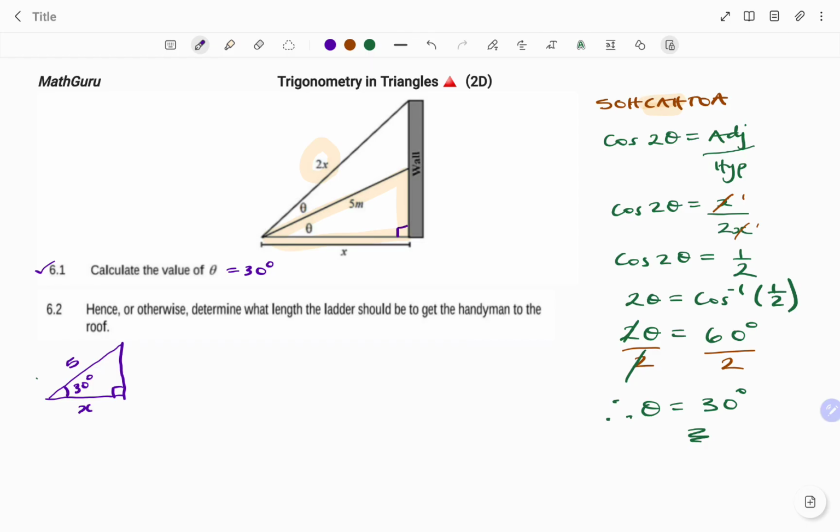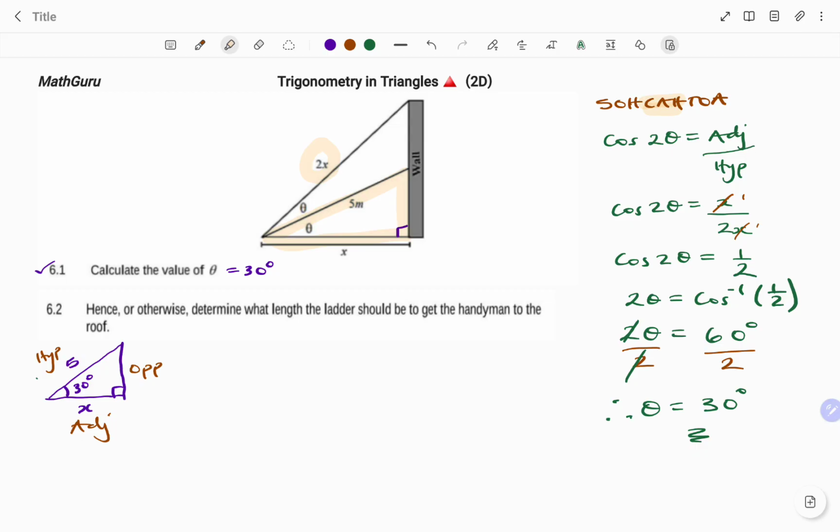So therefore, to find x, I'm going to start by labeling the sides of my right angle triangle in order to know the trig ratio to use. Starting with the side facing the reference angle, that's my opposite. The side facing the right angle, that's my hypotenuse. And the last side is my adjacent.